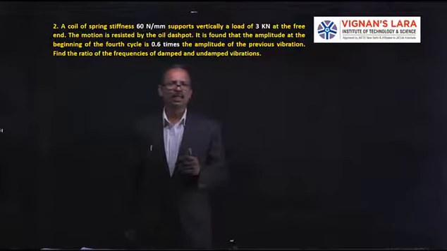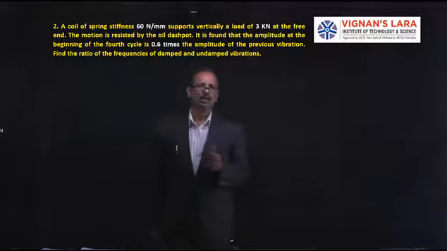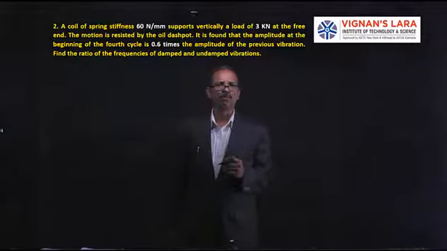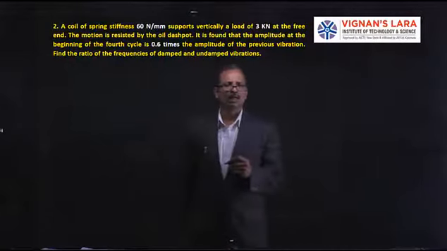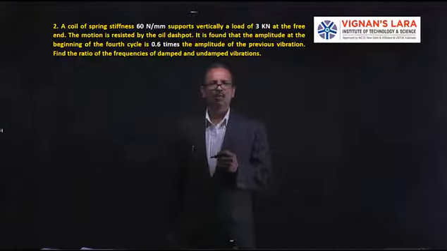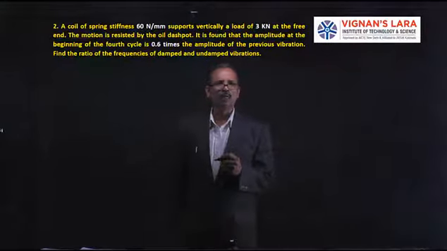Let us see another problem on free damped vibration. It is given like this. A coil of spring stiffness 80 Newton per mm supports vertically a load of 3 kilonewtons at the free end. The motion is resisted by the oil dash pot.